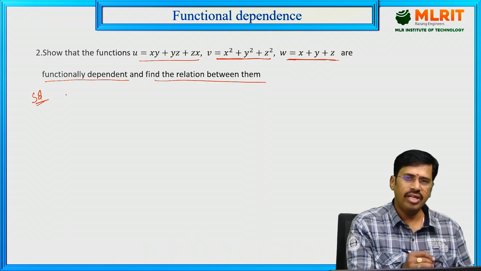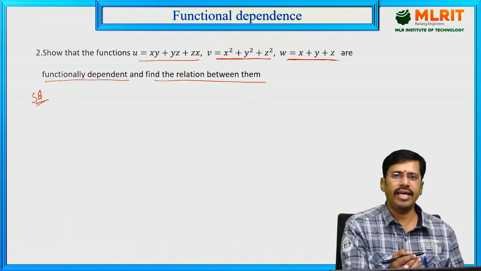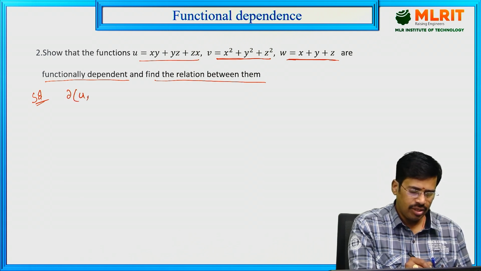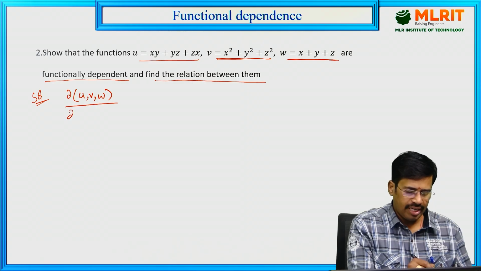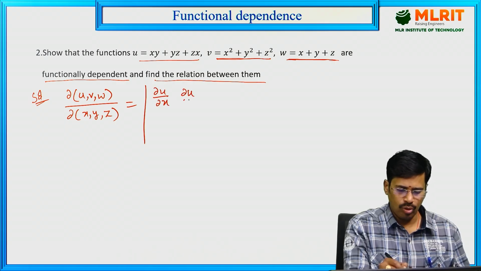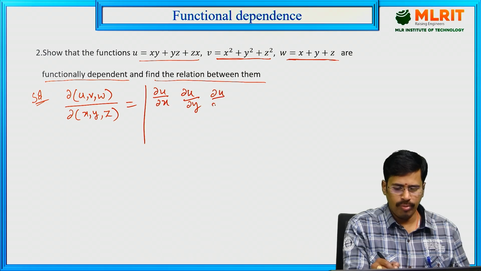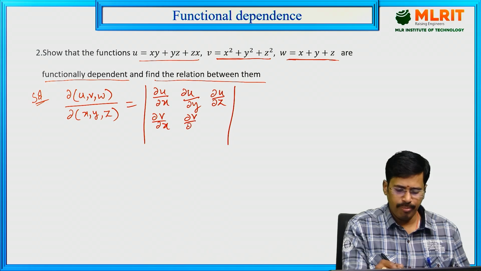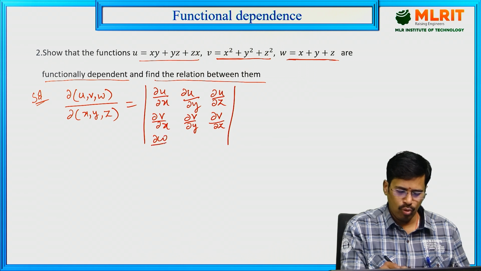So if there are three functions u, v, w, how will you represent the Jacobian? Let us see. The Jacobian of three functions u, v, w with respect to three variables x, y, z is given as the determinant of dou u by dou x, dou u by dou y, dou u by dou z. Next dou v by dou x, dou v by dou y, dou v by dou z, dou w by dou x, dou w by dou y, dou w by dou z.